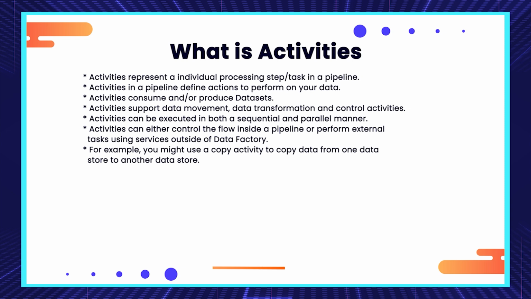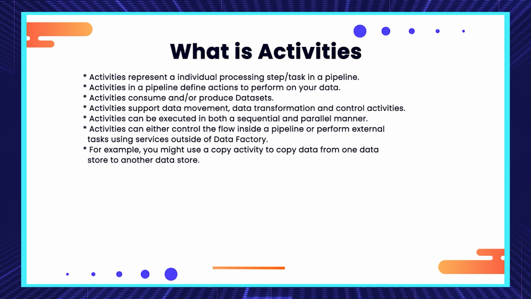Going further, we will also see what exactly datasets are. Activities also support data movement and transformation, as well as controlling multiple activities together. Activities can be executed in both sequential as well as parallel manner. So it doesn't mean that if you create an activity, only once that activity is completed would the second activity start. You can process multiple activities in parallel together with the help of a parallel processing pipeline.